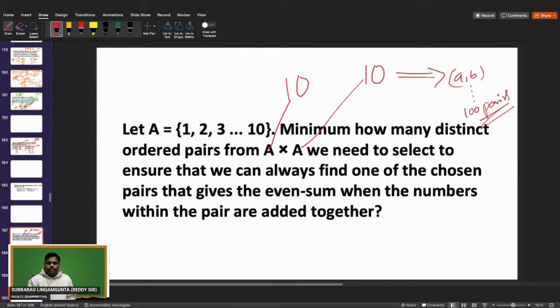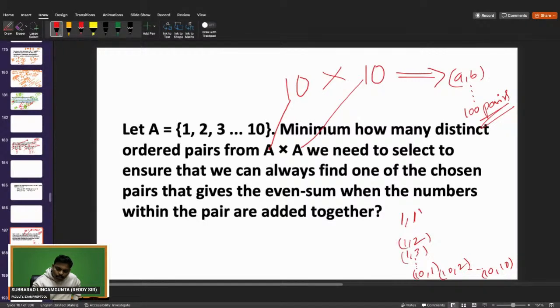Some people are asking, sir, can you write a few pairs? So it is 1 1, 1 2, 1 3, and so on, 10 1, 10 2, and so on, up to 10 10. Totally 100 pairs are there.